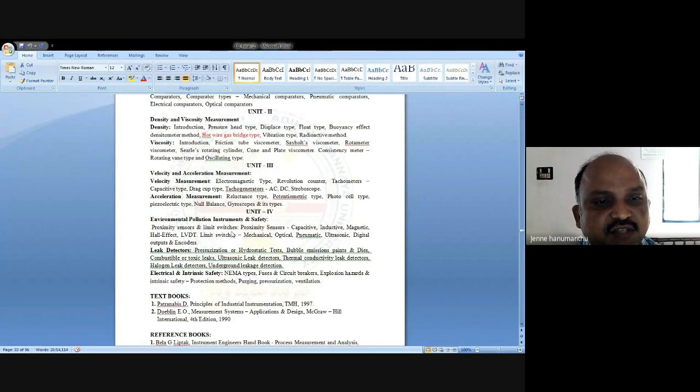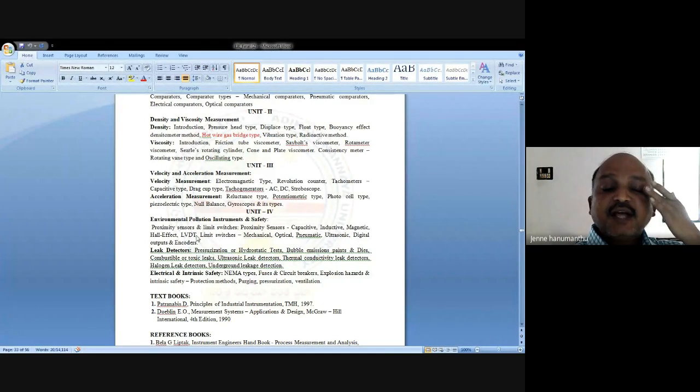These are useful for some applications. Proximity sensors: capacitive, inductive, magnetic, LVDT; limit switches: mechanical, optical, pneumatic, ultrasonic, and digital output encoders.